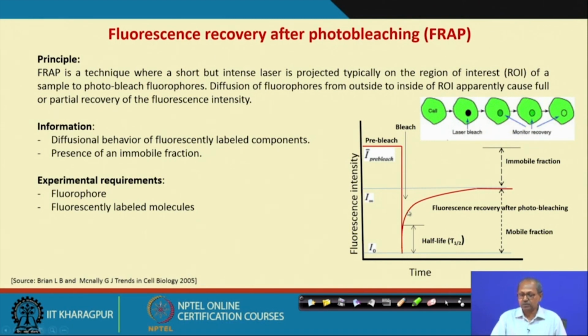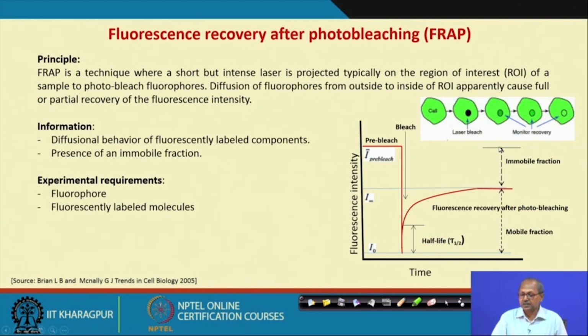Then it is allowed to recover the fluorescent intensity in the ROI after a long time, which is called I infinity. The time required to recover half of the fluorescent intensity we call T half. From this curve, from this point to this point is the mobile fraction in the membrane, and from this point to this point is the immobile fraction.